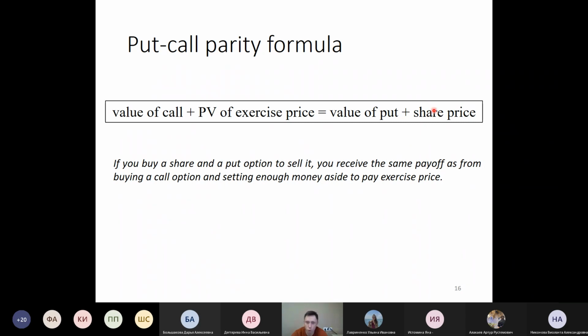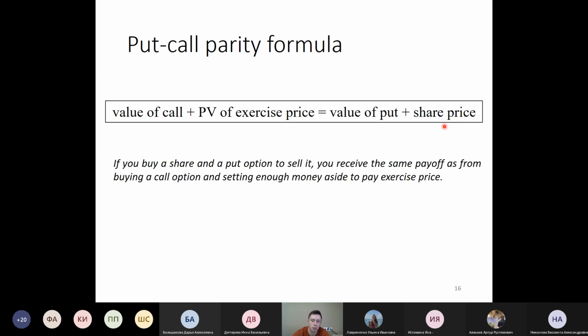Here I wrote the share price, but it can be any type of asset. So the further example that we will work with is based on the stock, but it can be the same for grain, oil, gold, any commodity, or any other underlying asset.